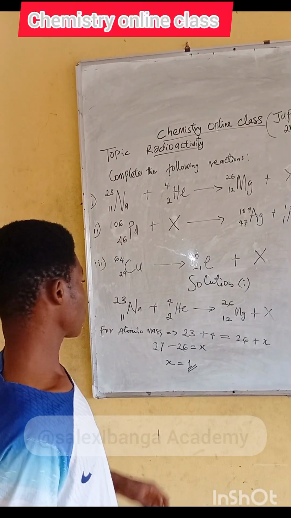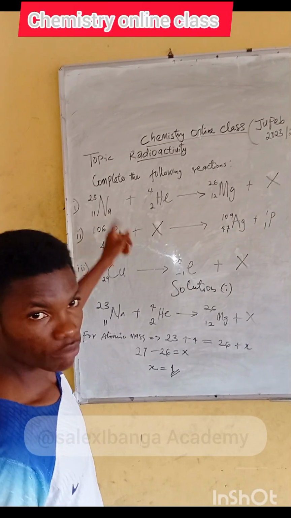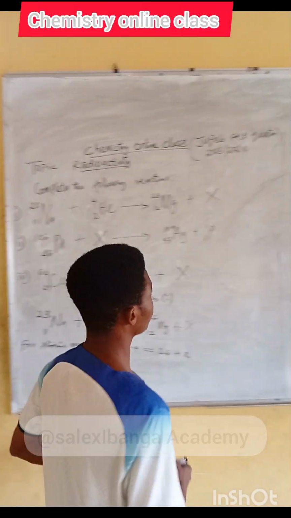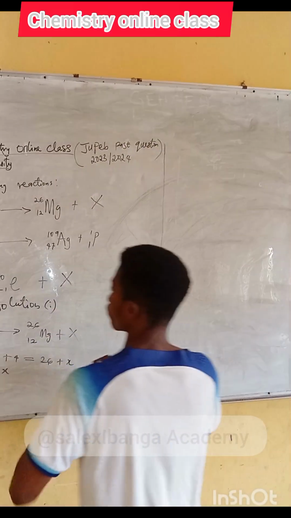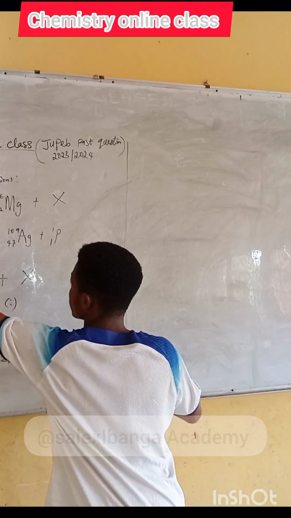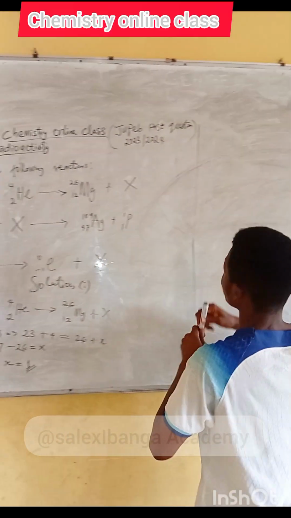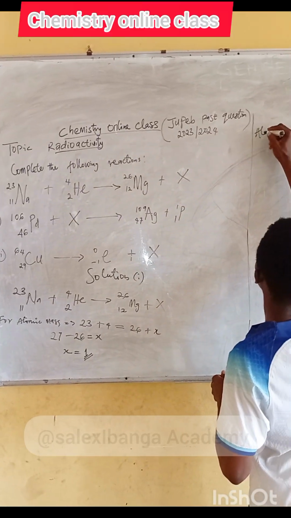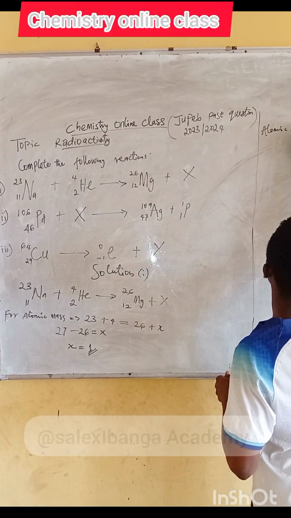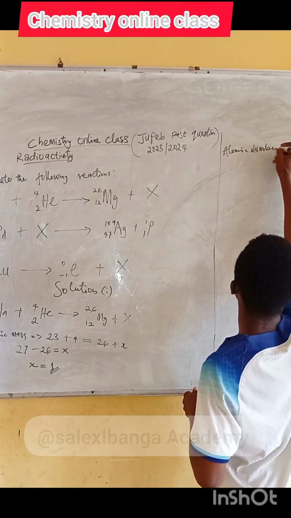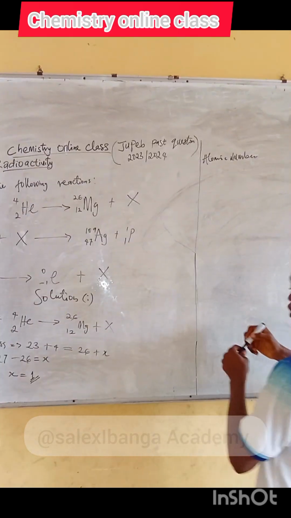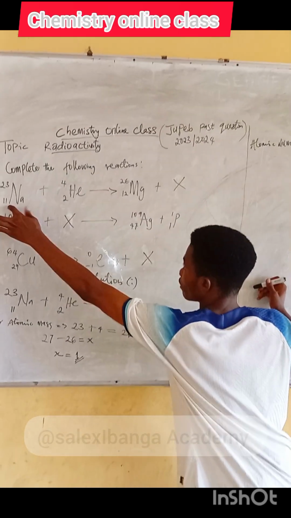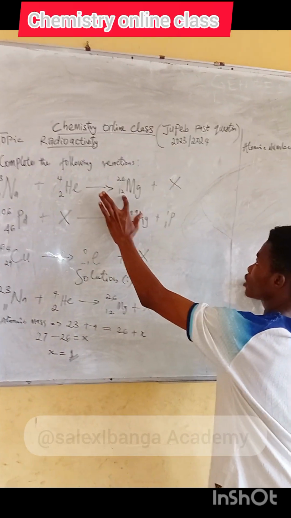So let's look at the atomic number level. At the atomic number, we have 11, 2, 12.